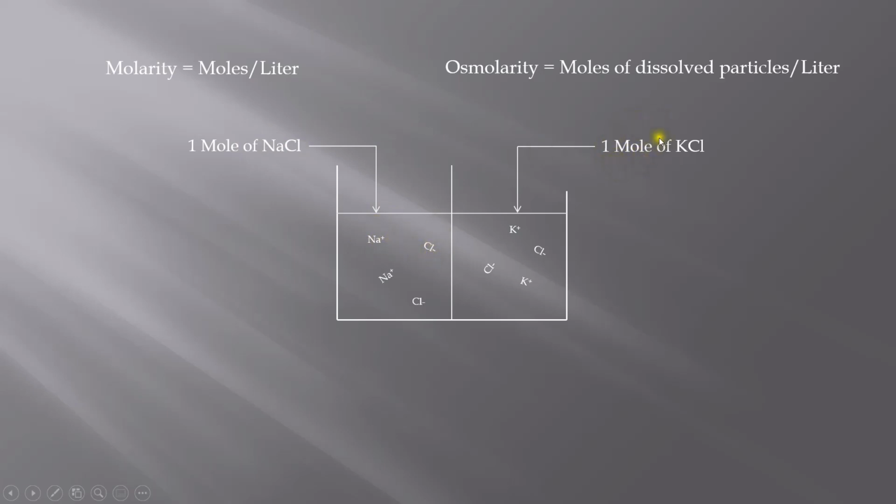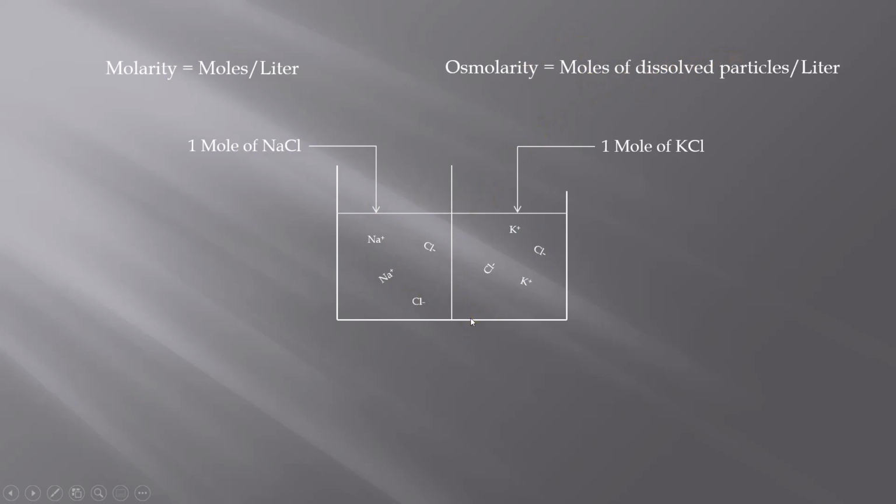Similarly, when you put a mole of potassium chloride in water, you get a mole of potassium ions and a mole of chloride ions. So the molarity just talks to the number of moles of sodium chloride in that liter of water. Osmolarity looks at the total number of dissolved particles per liter.